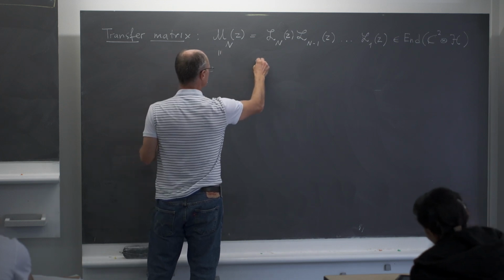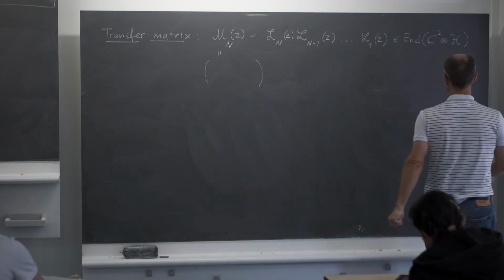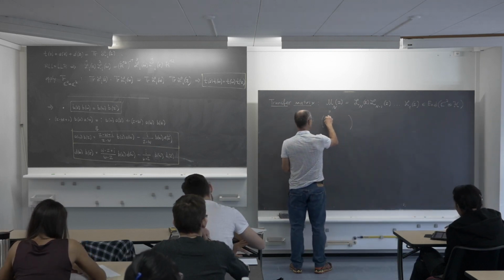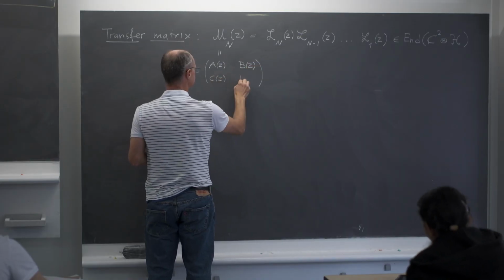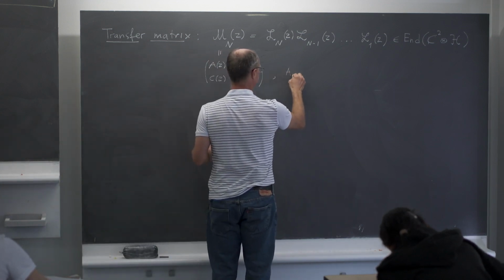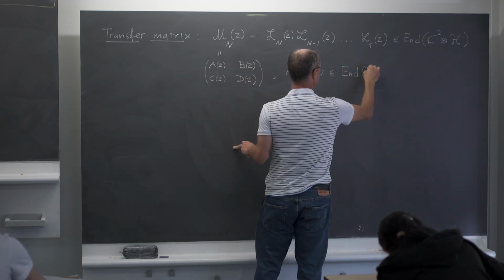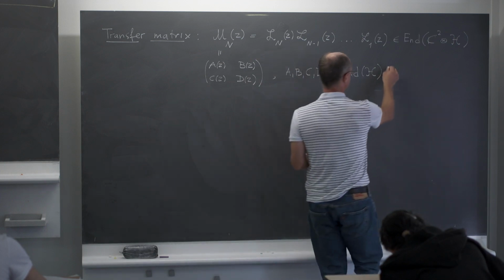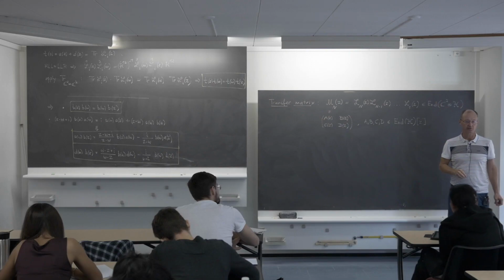And similar to the notation we used before, it will be convenient to write it as a 2x2 matrix with entries being operators on H. I'll denote them by capital letters A, B, C, and D. Now those A, B, C, and D are endomorphisms of H, and they are polynomials in one variable.